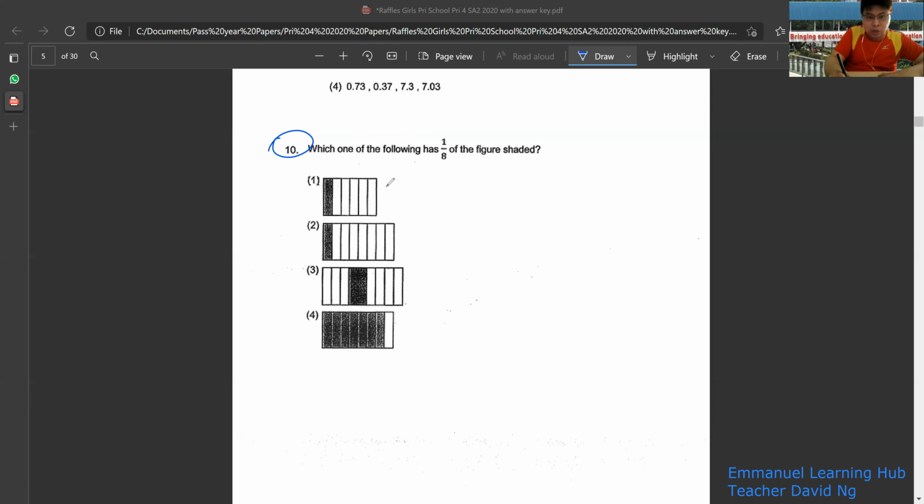So 1 part is shaded. What is the fraction that's shaded for part 1? 6/1? No. 6/5? No. 1/6. 1/6 is shaded. You understand why?